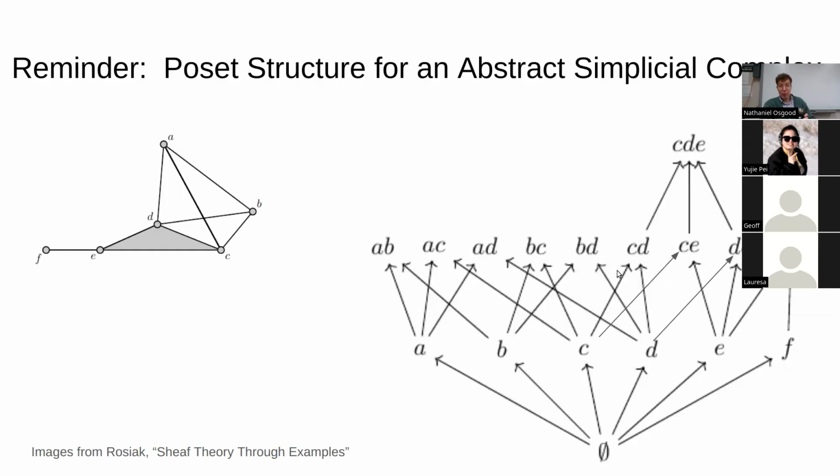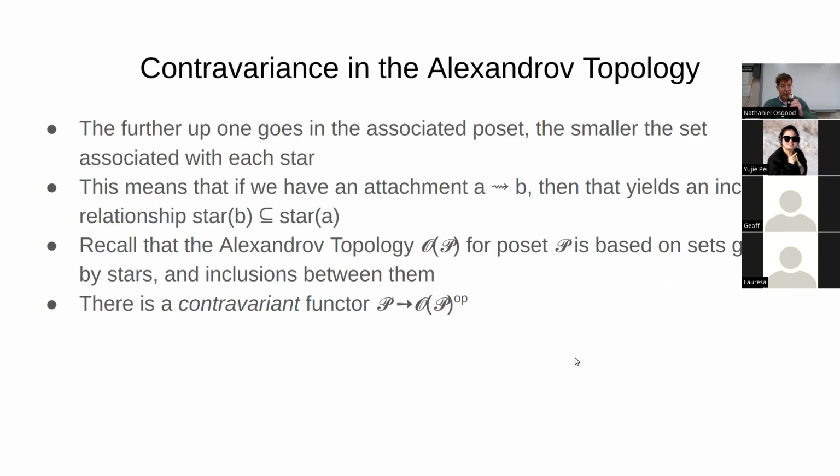When I say less than, the star for this will be a subset of this, right? So it's kind of less and that, right?